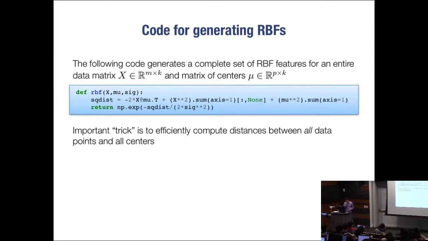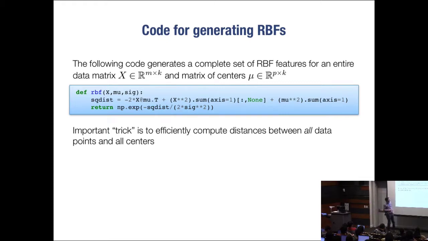Okay, the last thing I'll say is if you want generic code that will generate radial basis function features for an entire data matrix, an entire matrix of centers, here's the code that does that. This is the code that will compute pairwise distances between the points x and all the centers mu, and then compute their RBF function between them using this method here.